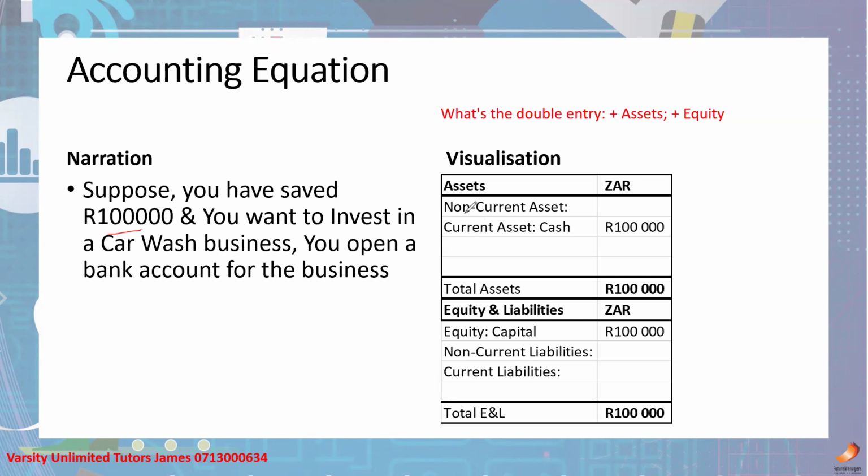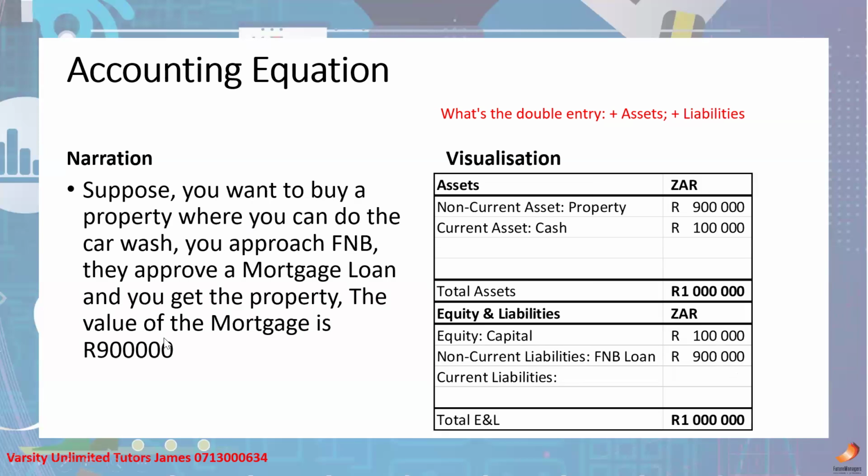You can see there, under assets, I have current asset, cash, 100,000, because cash is a current asset. Then I will also record that I now have equity and liabilities. Under equity and liabilities, do you see the equity, the capital contributed, 100,000. So the equity is equal to the what? To the assets of the business. So assets is equal to the equity and liabilities of the business. So that's an example. Let's make it a little bit more complicated.